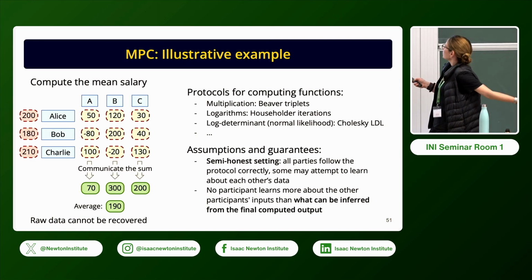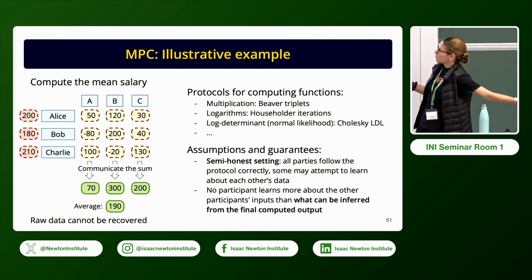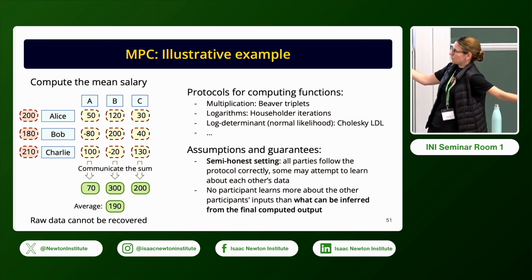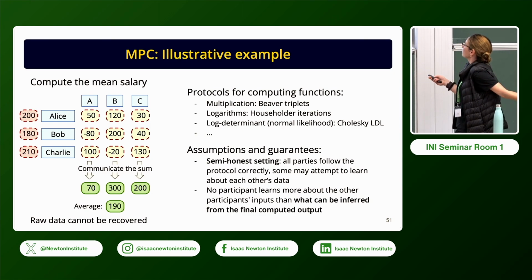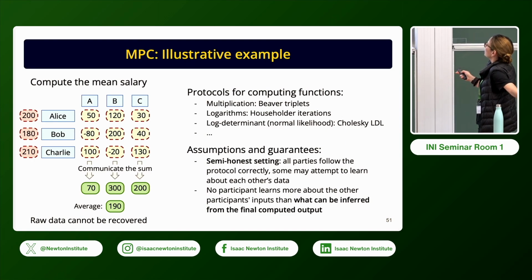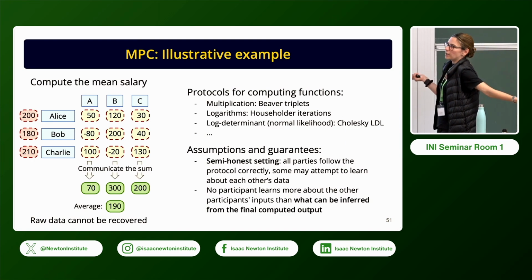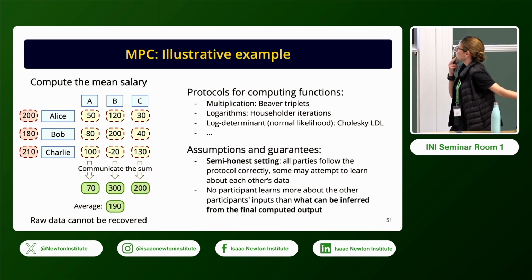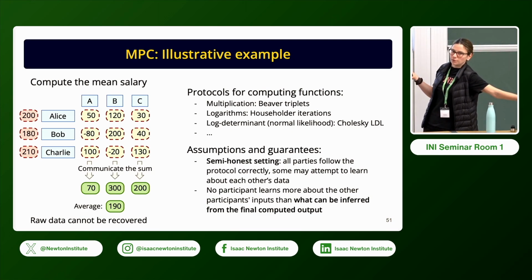For the log determinant, this is something we had to implement for the log determinant of the normal likelihood, because we are working with expected information gains with normal likelihoods, which involve taking log determinants of your covariance matrices. We are relying on the Cholesky LDL decomposition to do that. And then there is a list of various other computations that you can do.